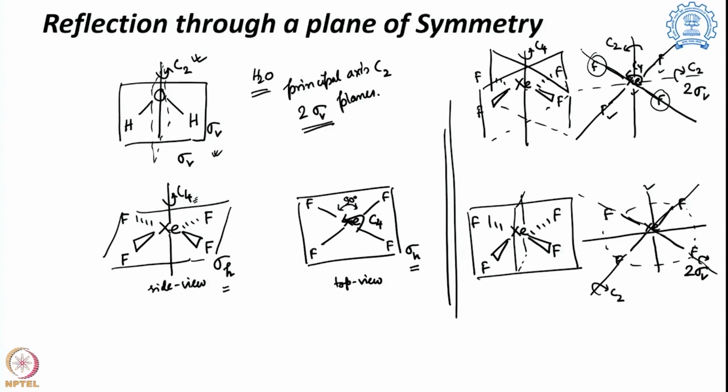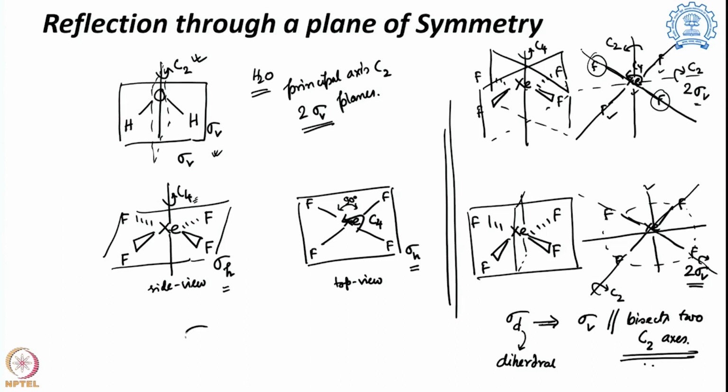So, over here you can see the sigma V's are actually bisecting two C2s, and that is why they are going to be named a little bit differently. They are going to be named as sigma D, where D stands for dihedral. Sigma D is nothing but a sigma V, but one which bisects two C2 axes.